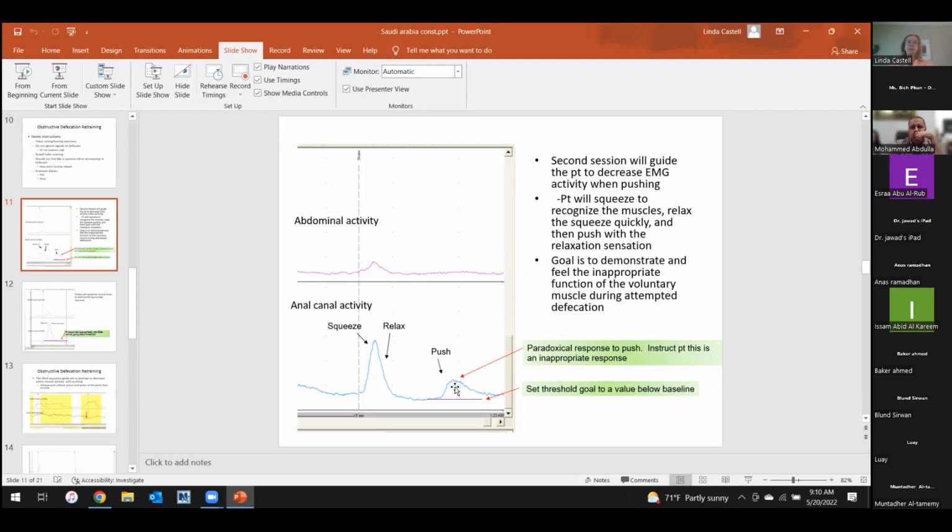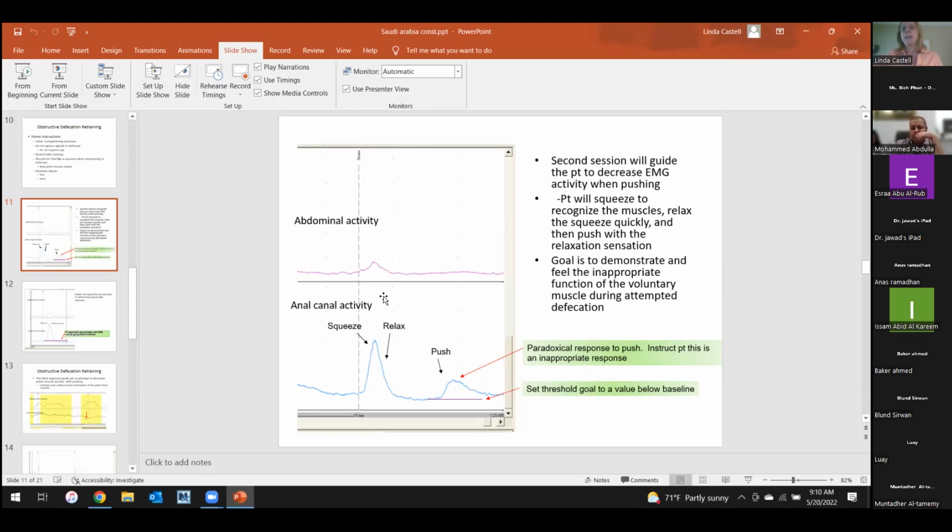So there are 4 different patterns of dyssynergia. Paradoxical pattern type 1 is when they use their abdominal muscles appropriately, they push from above to push the stool down, but they have a paradoxical increased activity in their anal canal or puborectalis muscles.